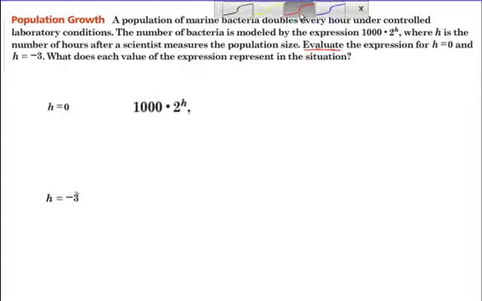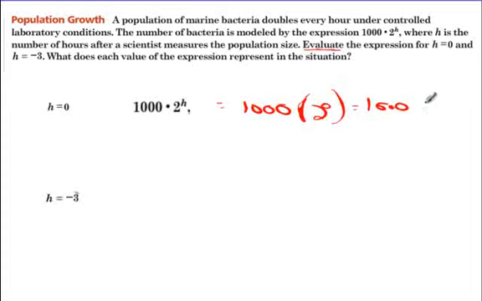Well, here we go. Let's plug in 1000 times, I don't like to use that, let's put parentheses here, 2 to the 0. Well, we know that's 1000 times 1, so it's 1000. So when h is 0, we get 1000.